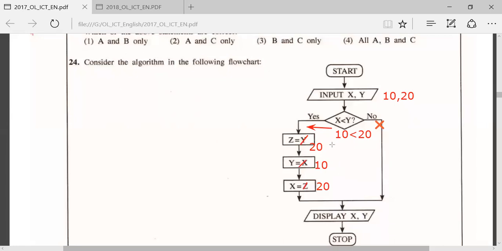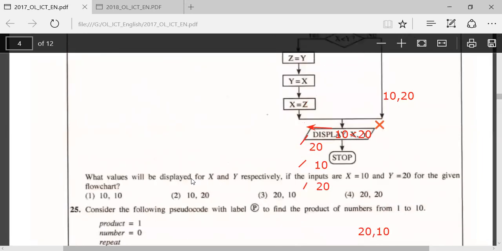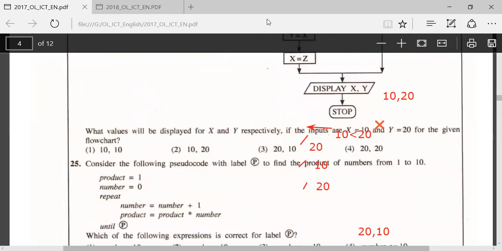Currently z is equal to 20, y is equal to 10, x is equal to 20. But they ask display x comma y. So x is equal to 20, y is equal to 10. So 20 comma 10, third answer option.